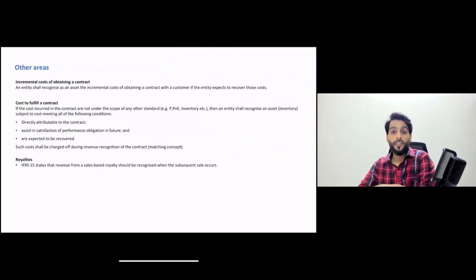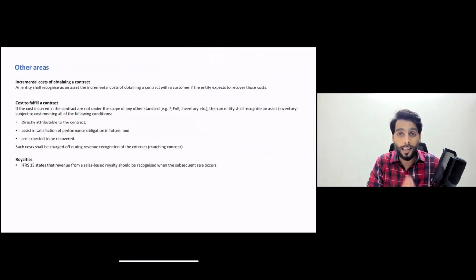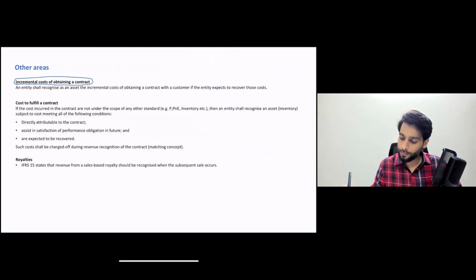Now, my friend, final areas of IFRS 15. The advanced area that we are just discussing of IFRS 15, these are the final areas. Just look at them. How to deal with any incremental cost of obtaining a contract? What can be cost of obtaining a contract?